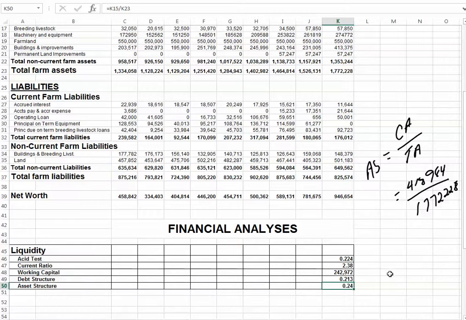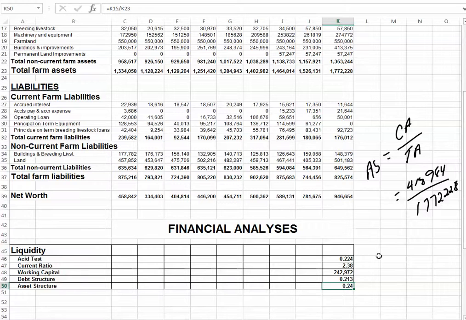So if I'm a lender and I'm evaluating a farmer, and if I look at that asset structure and that number's fairly low, then I'm going to immediately guess that he owns a lot of non-current assets, which means he probably owns a lot of land and he probably owns some machinery. However, if I look at that asset structure number and that number is really quite high, in other words, almost approaching 1, it's going to be a hint to me that he doesn't have many non-current assets.